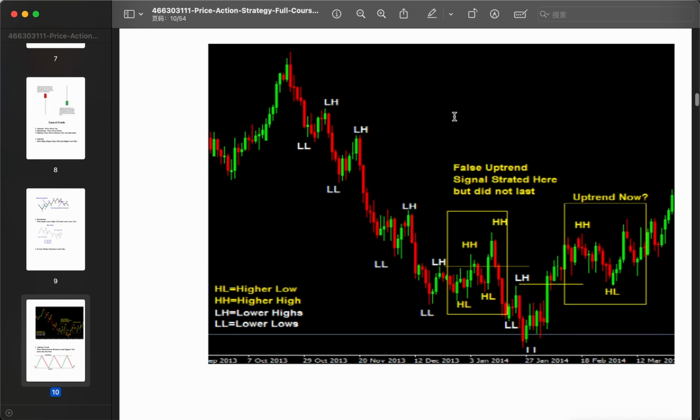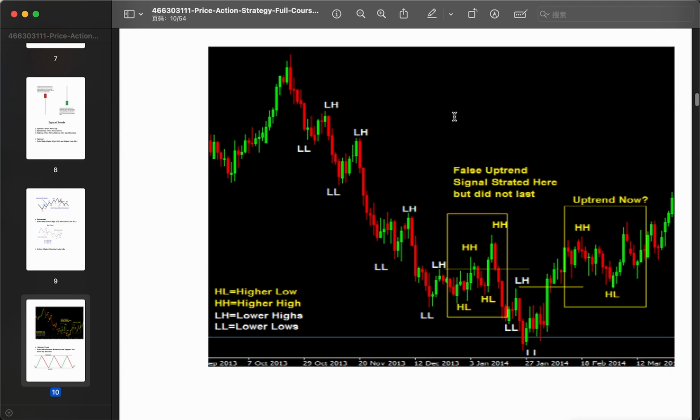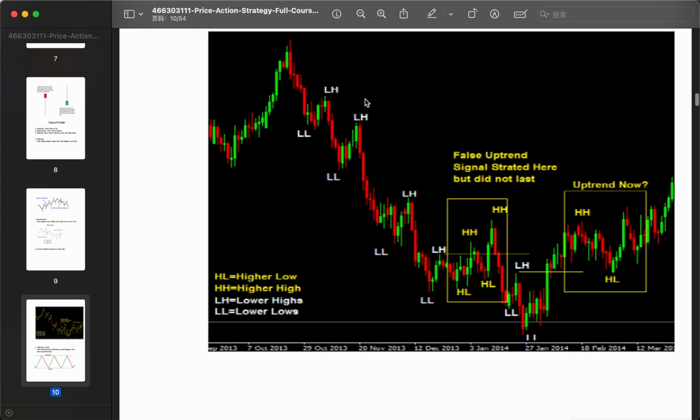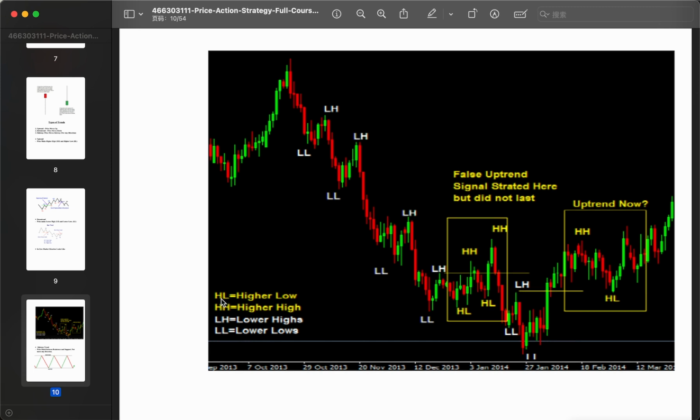So in reality, the price may look a bit different but similar, depending on how you label it. So here's an example. You have HL, which is higher low. You have higher high. You have lower high, and you have lower low.